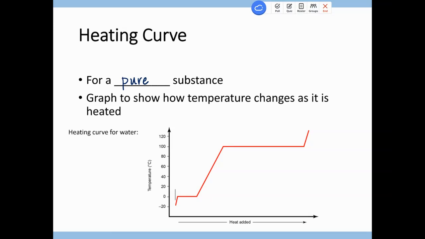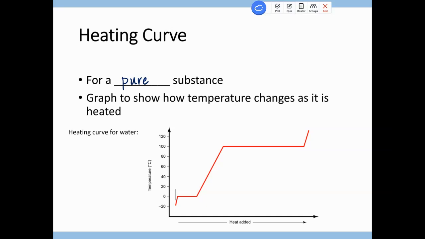So heat is being added, and the temperature is increasing until it reaches 0 degrees Celsius. What's happening here at this horizontal line? Melting. Any other ideas? Okay, just checking. It is melting. Once the substance absorbs enough energy to be at 0 degrees, more heat is required for that phase change to occur.